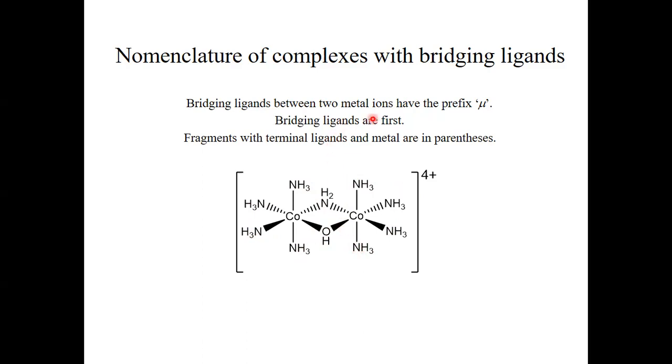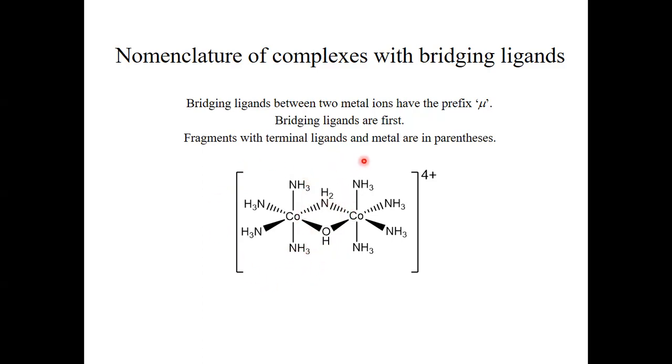Well, we have to name the 2 bridging ligands first. Now we have 2 different ones, so we have to name them in alphabetic order. Amido comes before hydroxyl, so we have a mu-amido, mu-hydroxyl, and then we have to name the 2 fragments that are bridged.